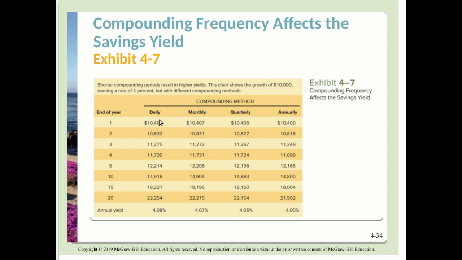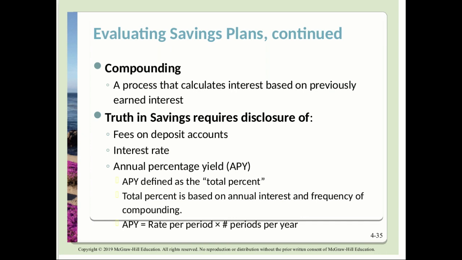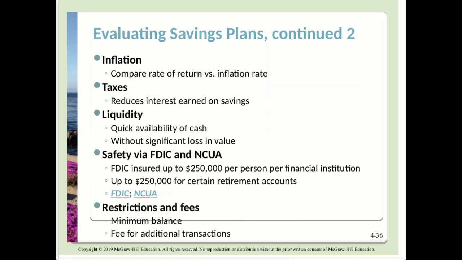So if you have daily compounding, you actually make $8 more than you would have if it was just annually. And you can see that if you left that in the account and it's compounding daily, there's quite a bit of difference between what you would have had based on how often it's being compounded.